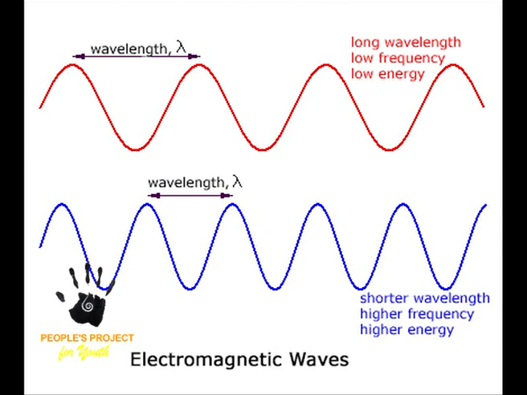So the electromagnetic spectrum, a tiny little bit of it, is the visible spectrum. And so when we talk about light waves, we're talking about just those frequencies or wavelengths of electromagnetic radiation that we can actually detect with our eye. Just imagine, things like radio waves are electromagnetic waves.